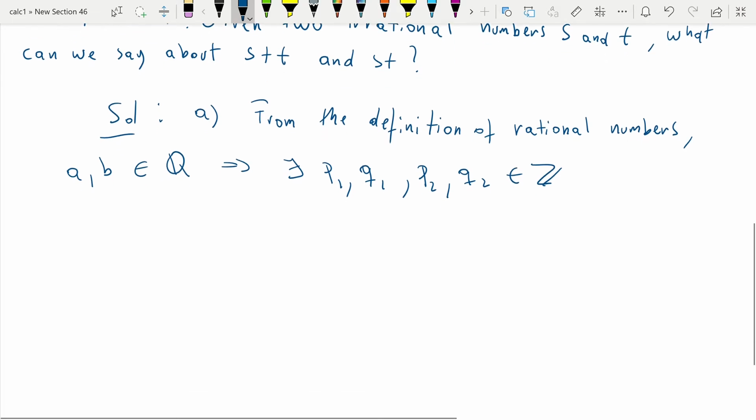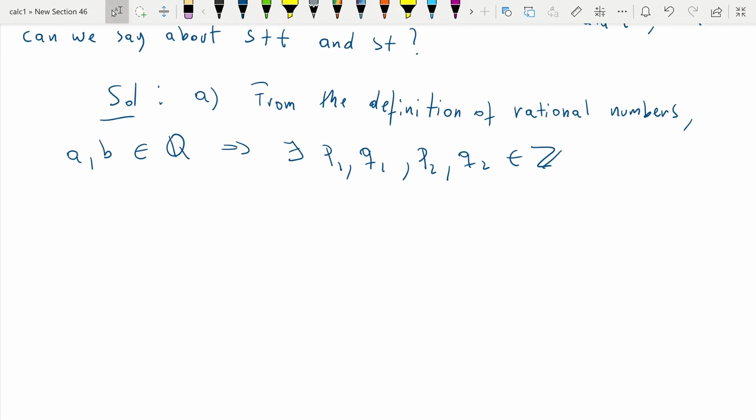Those are numbers that can be written in the form P over Q, where P and Q are in Z, and where the denominators are non-zero.